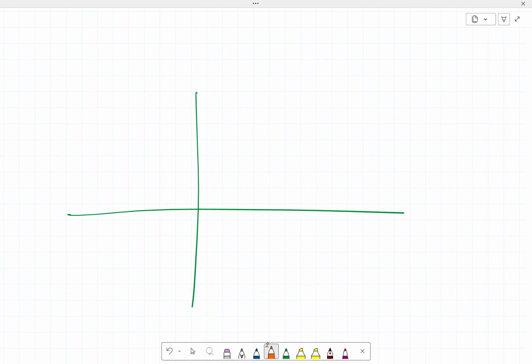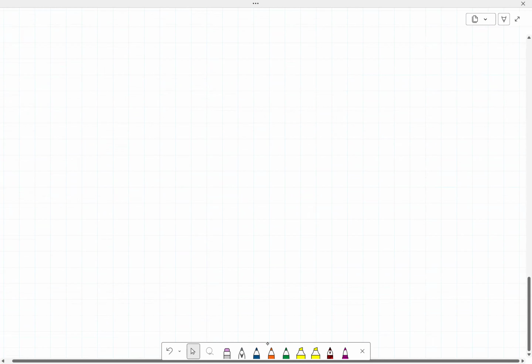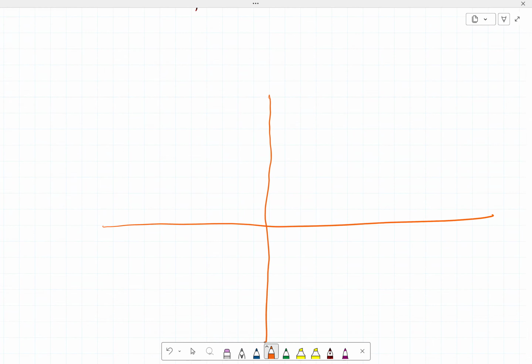We want to do (3, 2), right? Let me redraw this. Let me follow this line. It's not perfect, but let's just use that. So this is the origin for sure.